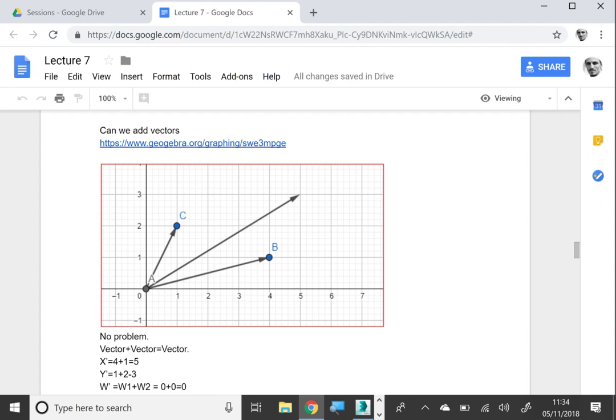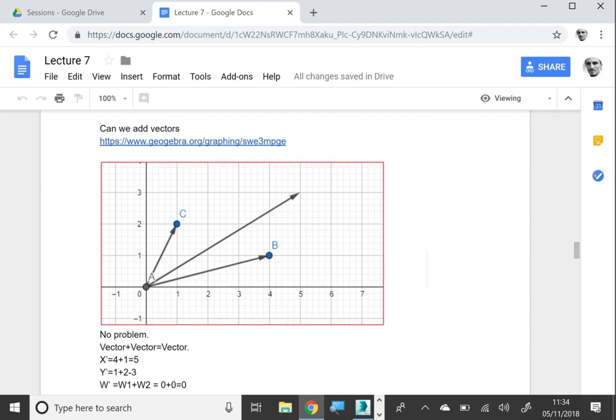I add two vectors together, I get another vector. And if I add the w's up, 0 plus 0 is 0. So if I add vectors using homogeneous coordinates, I still get a vector. That's nice. That's handy. That's pretty important.